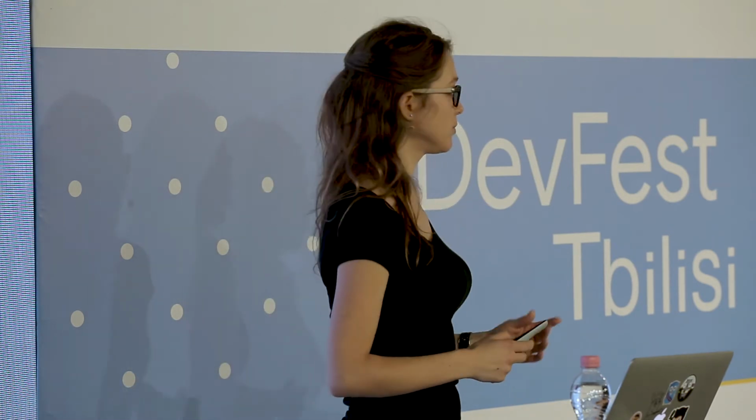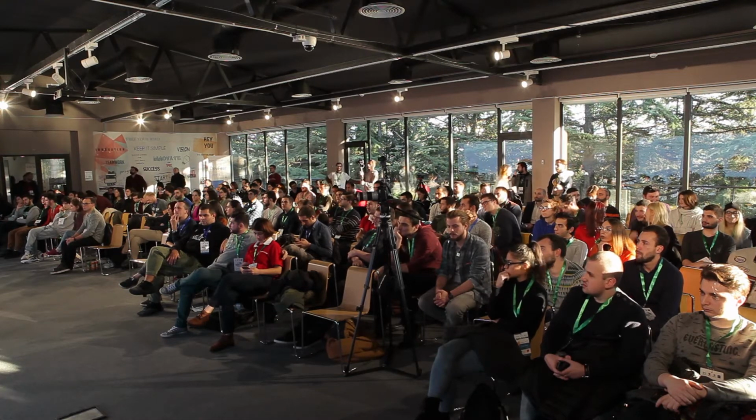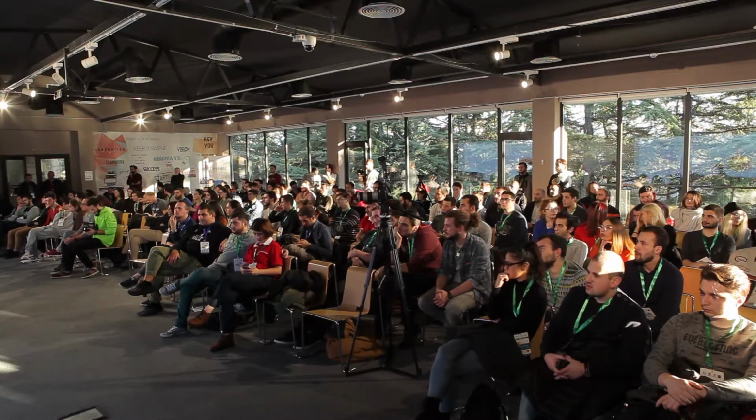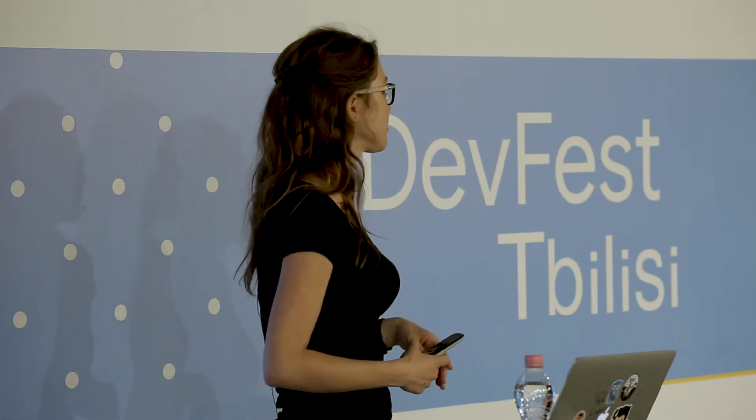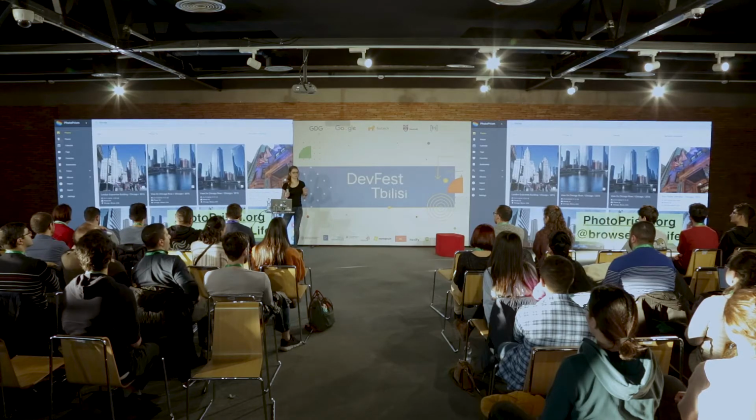The third project I want to tell you about is called PhotoPrism, and I personally really like it because it comes from the Go meetup in Berlin, which I'm running for the 4th year, also a GDG chapter, just like here in Tbilisi. And one of the members came to me one day and said, you know, I built this app that's called PhotoPrism using TensorFlow because I wanted to try it. And what the app does is you put all your pictures there, and then you're just able to smart search in them.